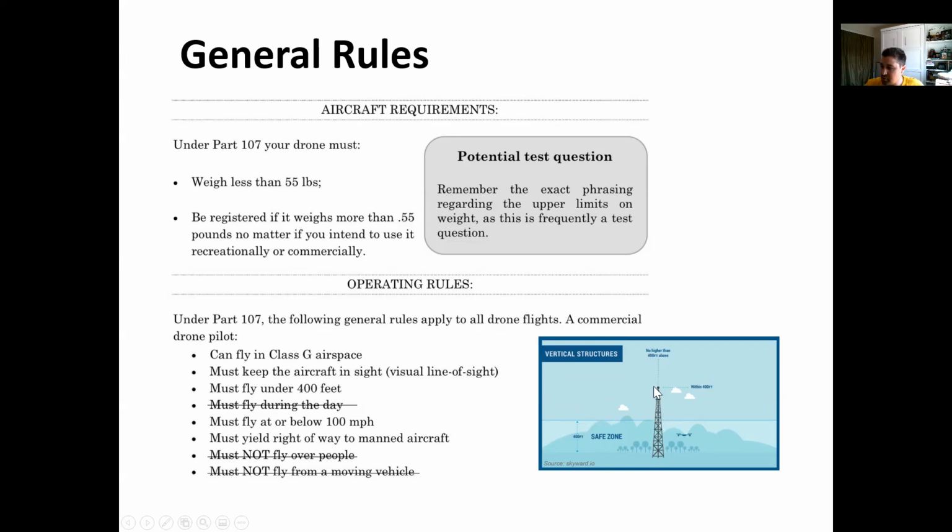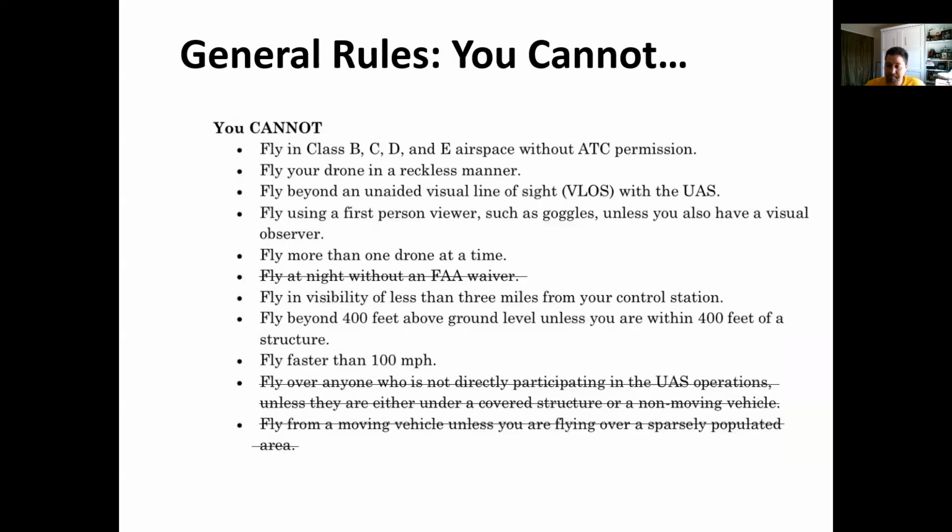So you are allowed to go 400 feet higher than this. I'm not exactly sure what all of the designations are of what makes a structure and what doesn't. I would just say anything that's above the ground and attached to the ground is a structure. So buildings, towers like this, trees, that kind of stuff. Okay. So that gives you a little bit of a cushion, all things considered.